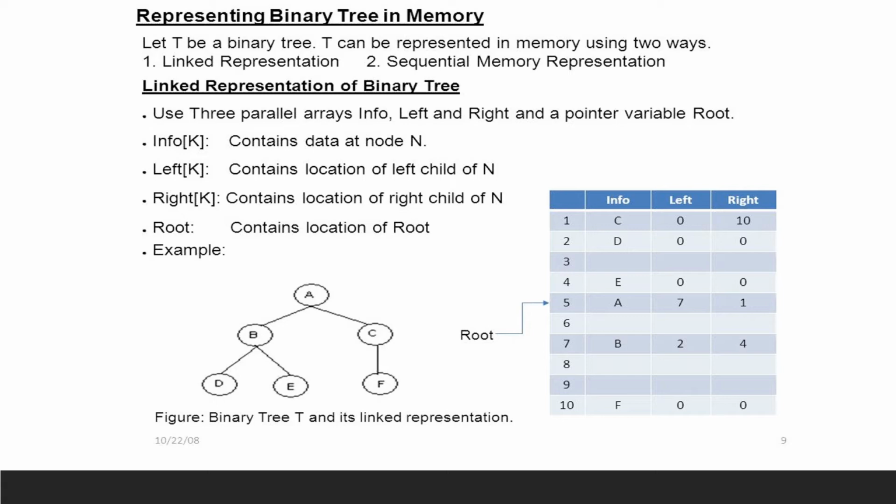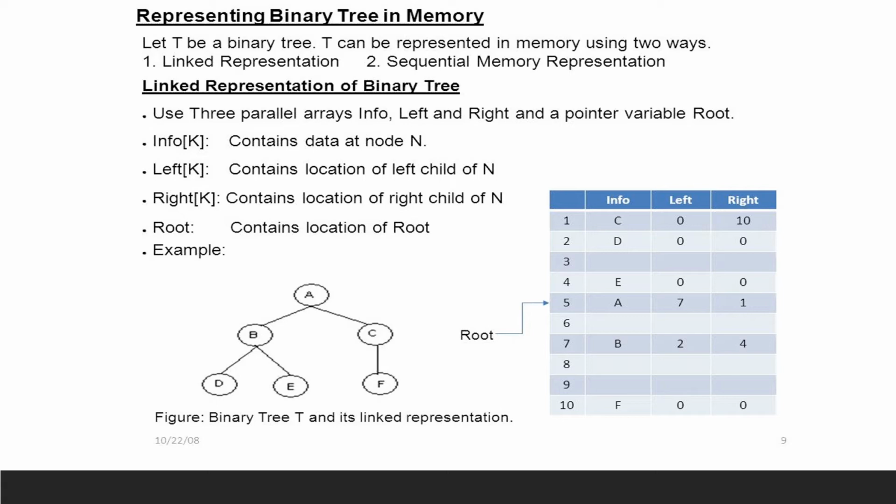So in the left position we are marking it as 0, and on the right side we are marking it as 10. So if it is 10, we are going to the address 10, and we are scanning the information as F. So this F will be the right child of that C, and in this right node the address of this F is represented. Okay, and then we are moving to D.